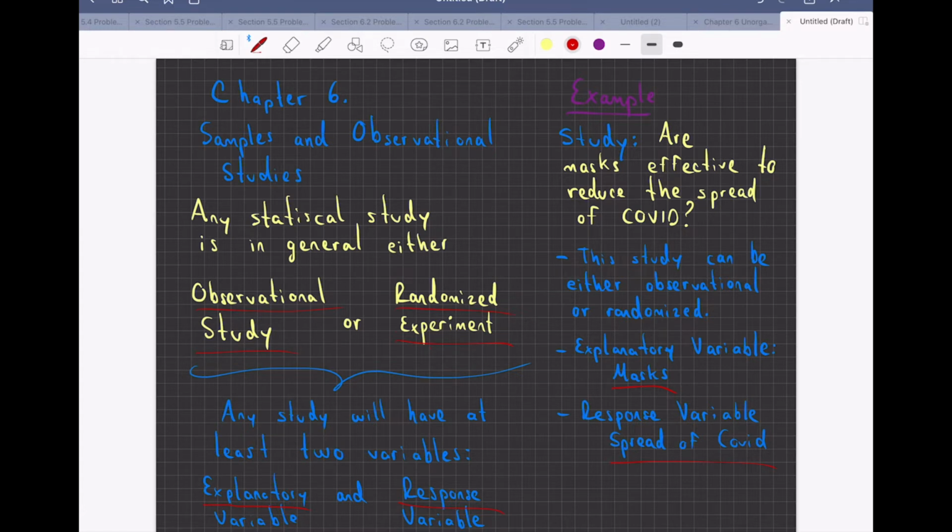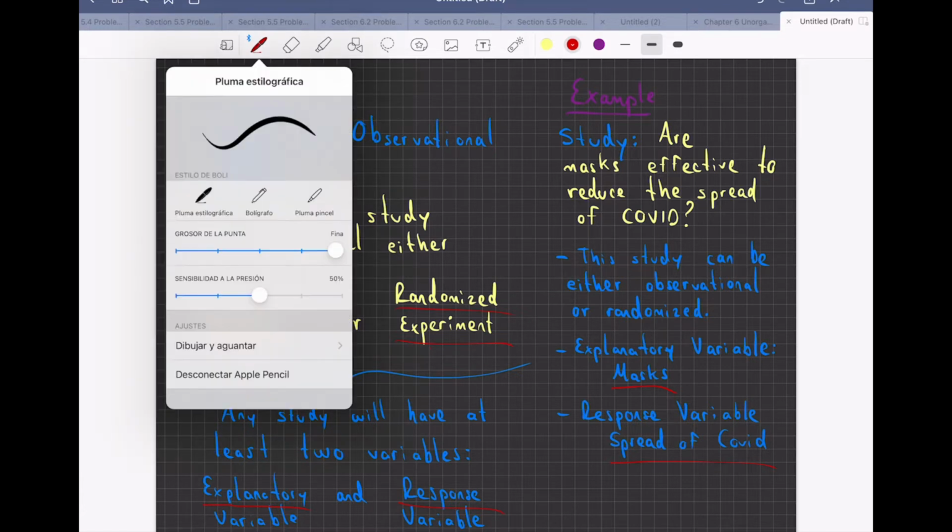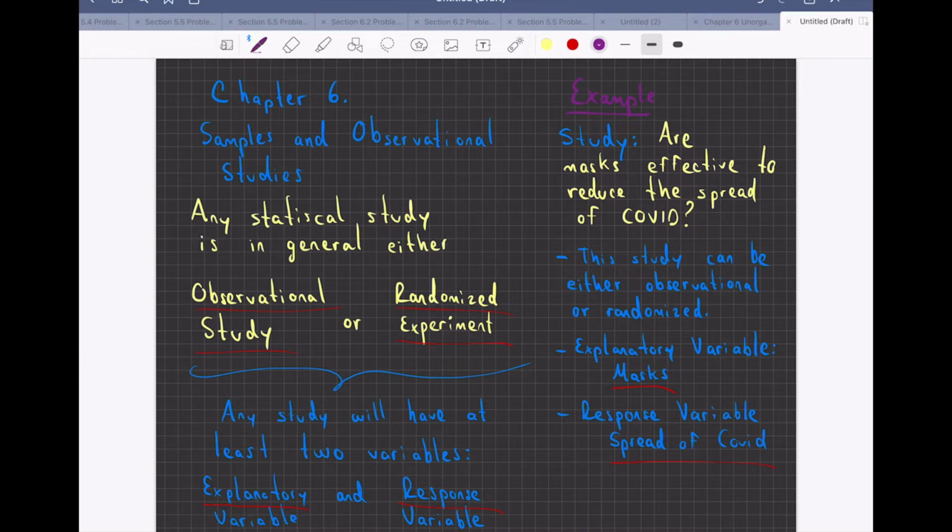For example, here, what could be a lurking variable? Lurking variables, we can have, for example, immunity.